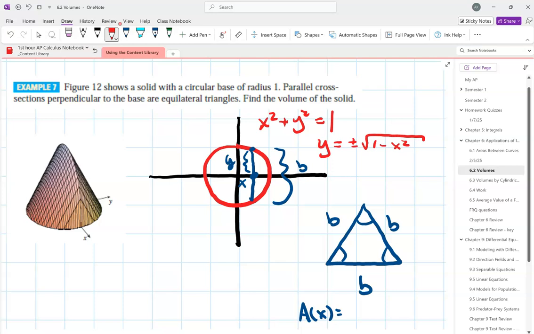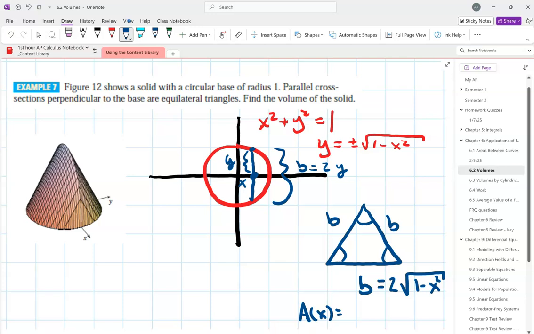Is that okay? And my base then is going to be 2y. You guys okay with that? And because this base of my triangle is a distance, what am I going to do with that, plus or minus? Just going to make it positive, right?